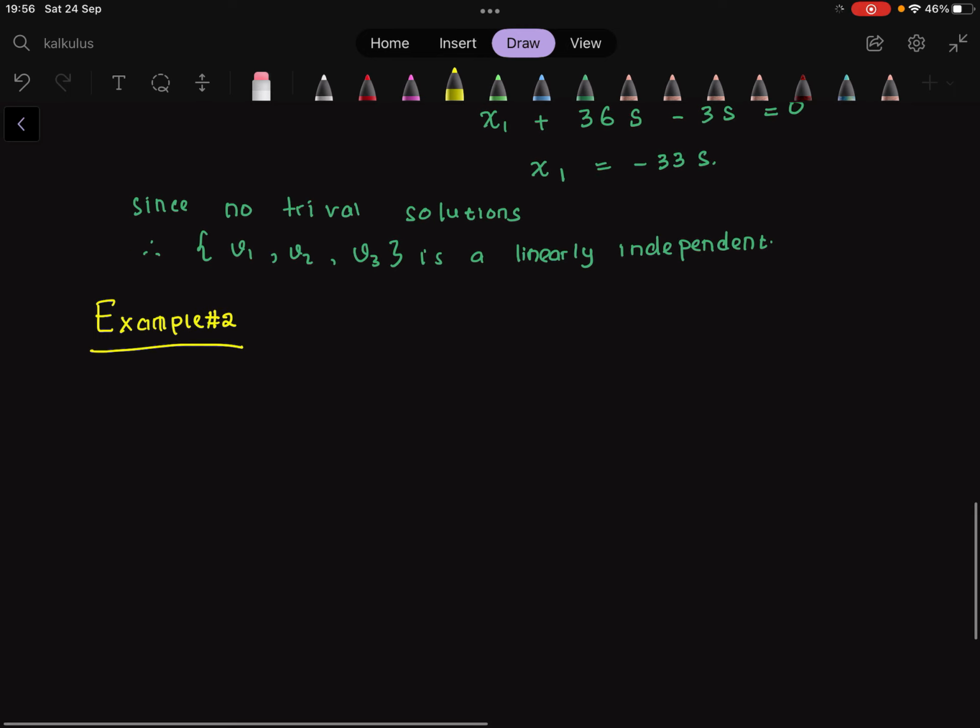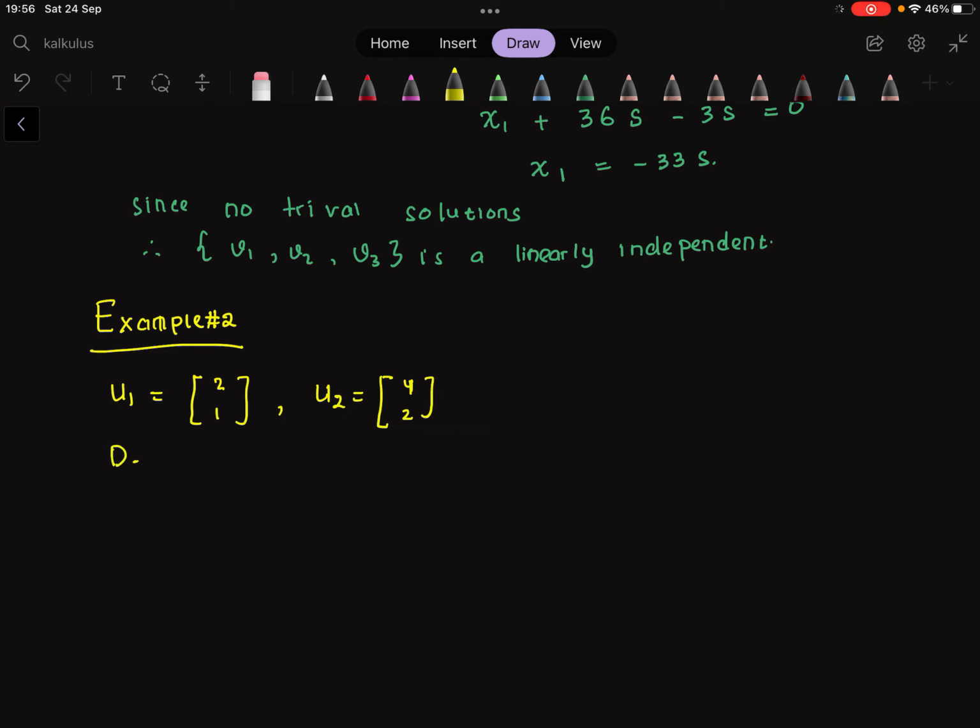For example 2 here, we have u1 equal to (1, 2), and here we have u2 equal to (2, 4).